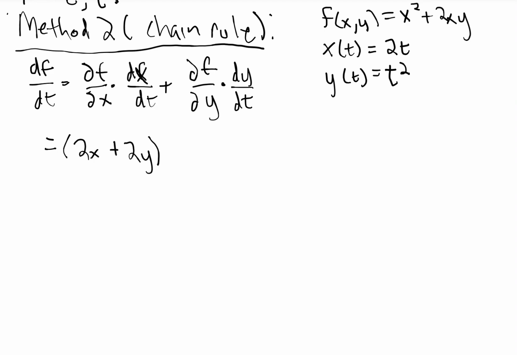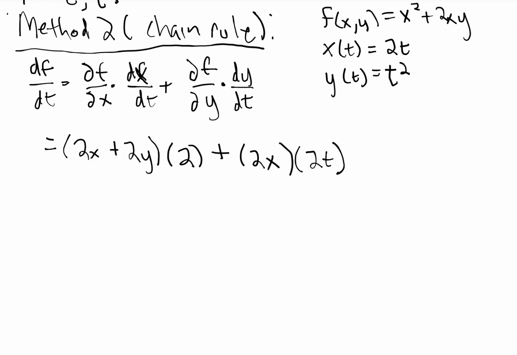My dx dt is basically just going to be x prime, so there that's going to be a 2. My df dy, this is a derivative of f with respect to y. Don't forget, x acts like a constant, so that first term drops off. Your partial with respect to y is then just going to be 2x, and your dy dt is basically y prime, so you have to throw a 2t on here.